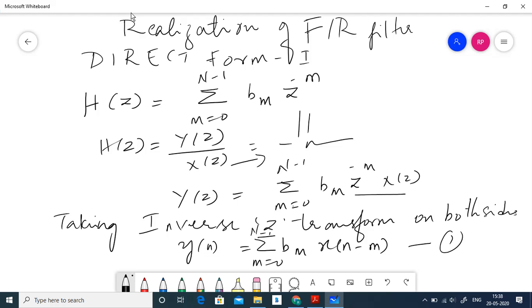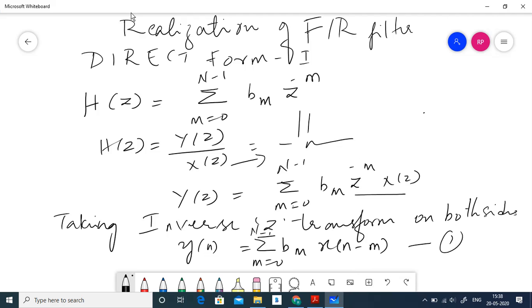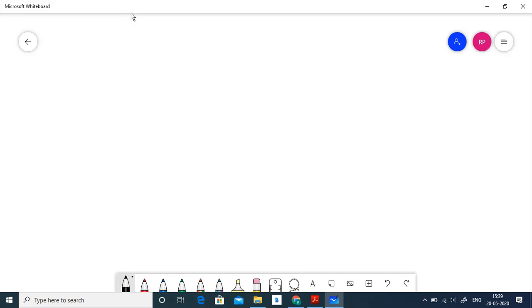In the next step, I'm going to expand this particular summation. So I'll take a new sheet and write that equation once again, and then expand it.